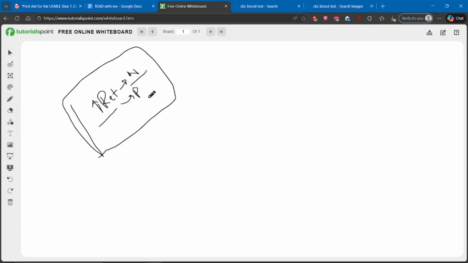So if the value of newly produced reticulocytes is normal, we can deduce that bone marrow is working. We can say that the bone marrow is golden. So the bone marrow is normal. We can say that the bone marrow is working.